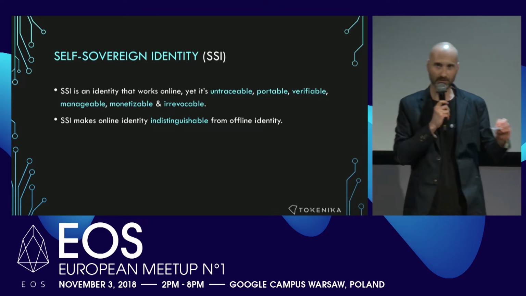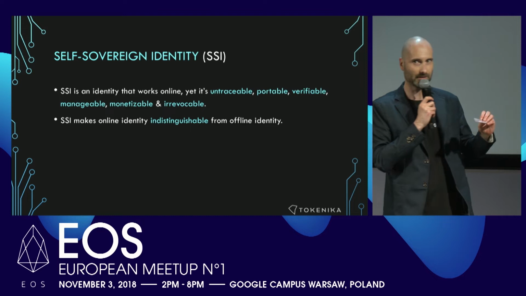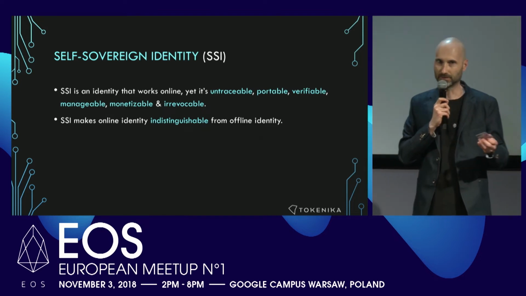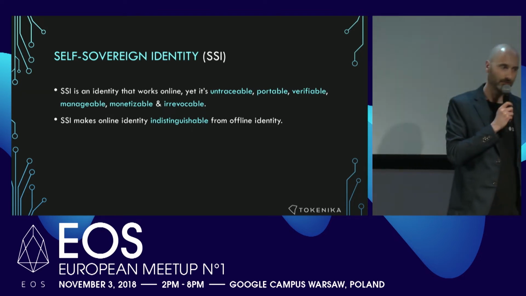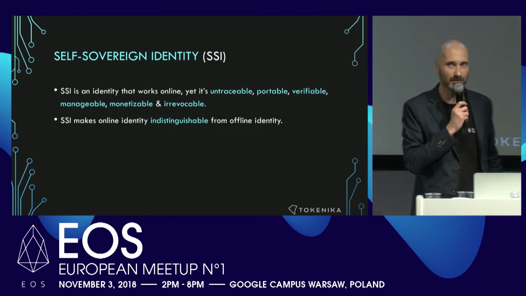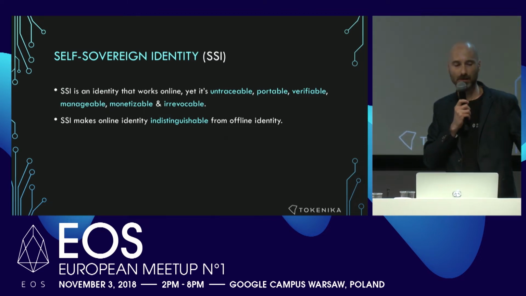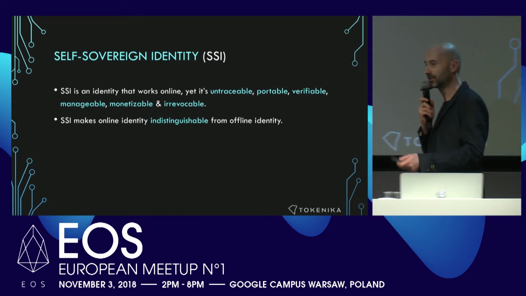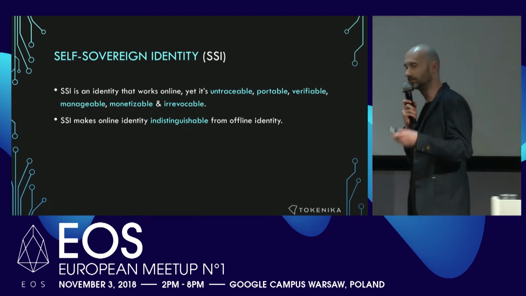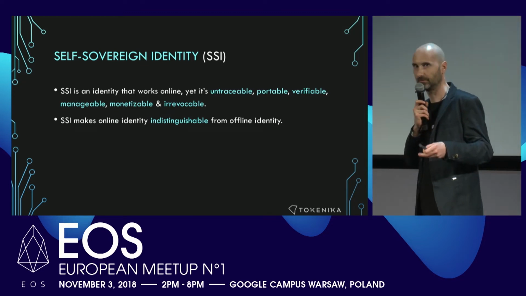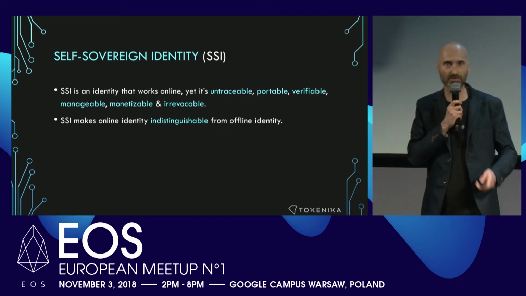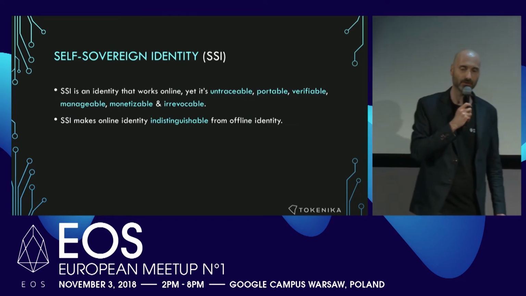Even the government is not able to take it away from me. So the offline identity has very useful characteristics, and those characteristics are made primary characteristics for self-sovereign identity.